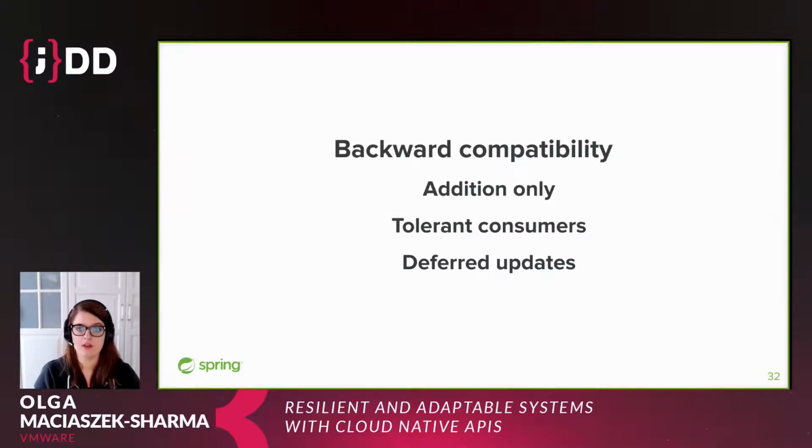However, if we are going to evolve APIs, we need to put a lot of attention on backwards compatibility. That is because in a microservice-based ecosystem, we need to be able to decouple our deployments. So not only development of services, but the deployment.